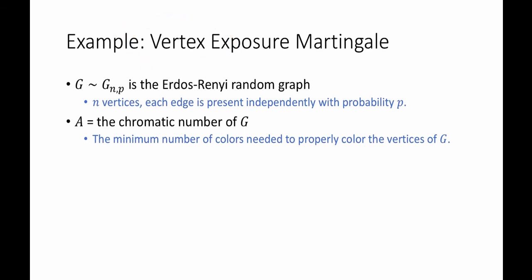So we can set this up in exactly the same way. G is going to be an Erdős-Rényi random graph, and A is going to be the chromatic number of G. But now, let's let y1 up to yn be random variables defined so that y sub t is equal to the neighborhood of node t.